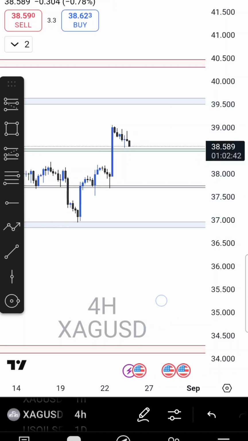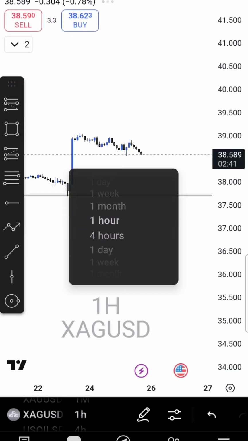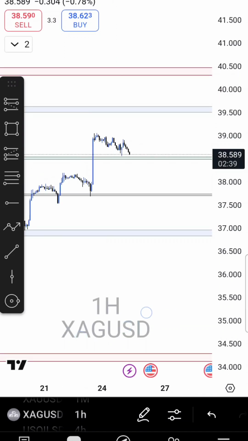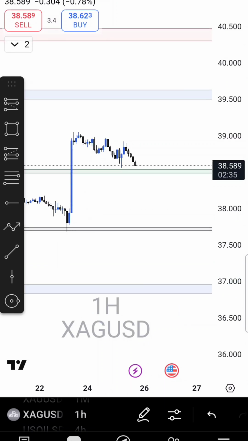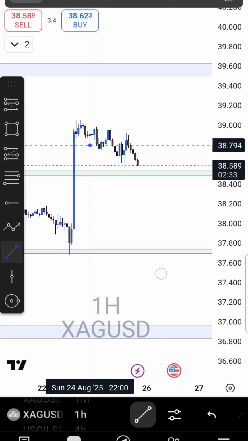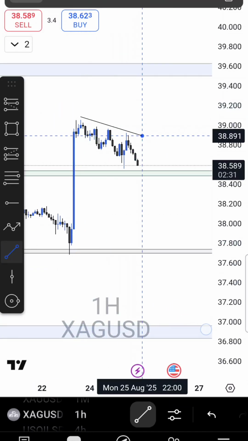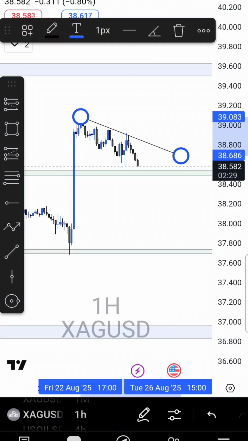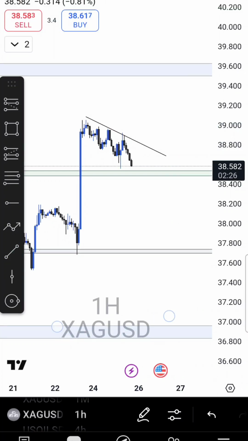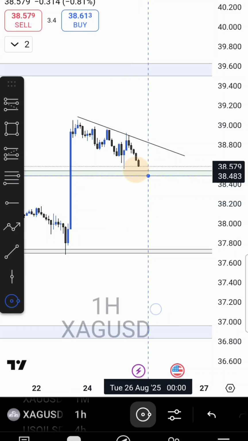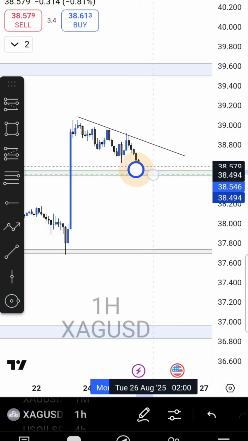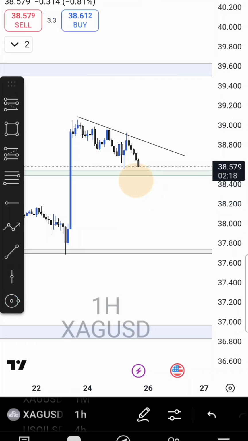Let's head down now to the 1-hour time frame, which is our entry time frame. Currently the 1-hour is in a downtrend, a small pullback. I can see a trend line connecting all of this. I'll be watching closely this daily support region on silver, how price would react there.